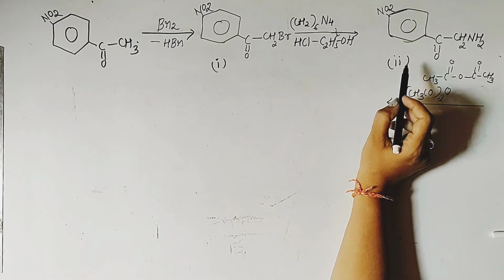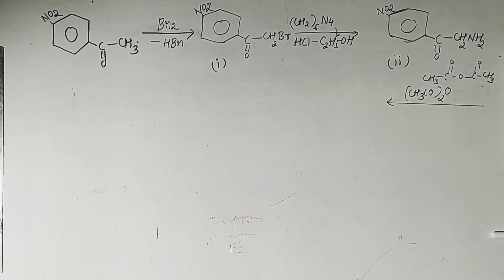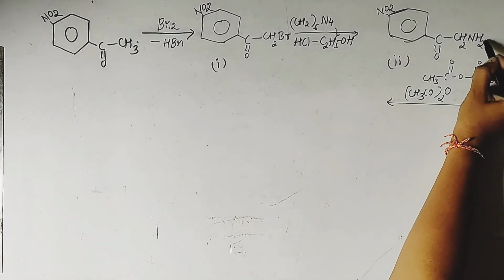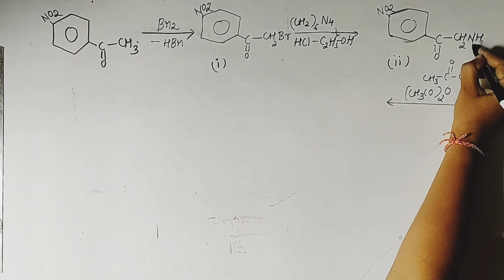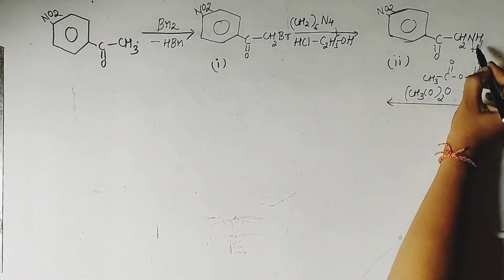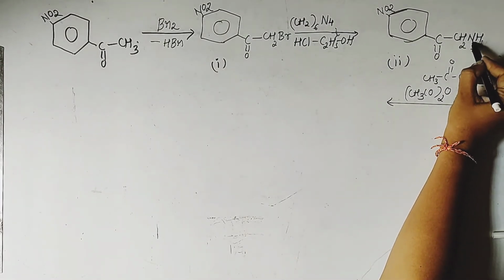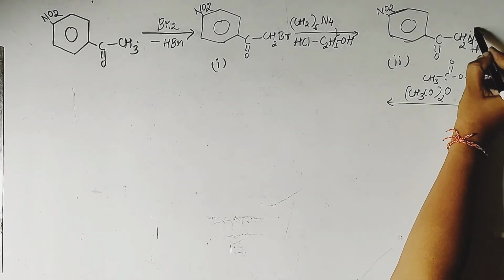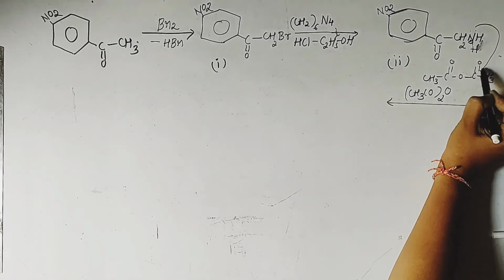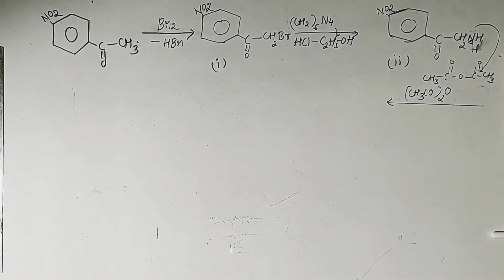What changes occurred here? You just see here initially one of these hydrogens. I will write this as NH. This hydrogen gives its electrons to the nitrogen, and this nitrogen with its lone pair of electrons attacks one of the carbonyl carbons.